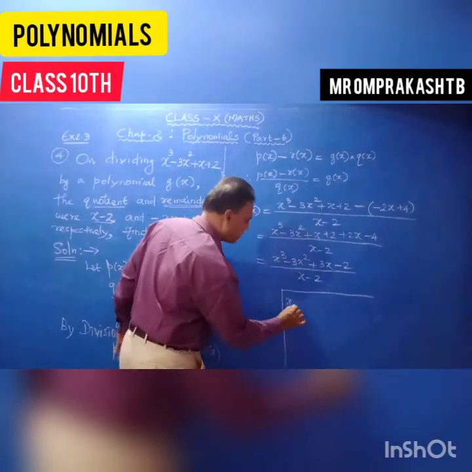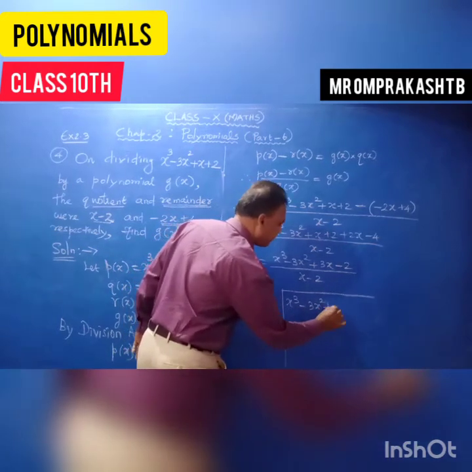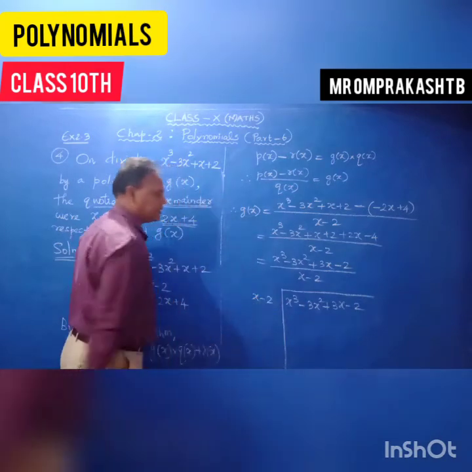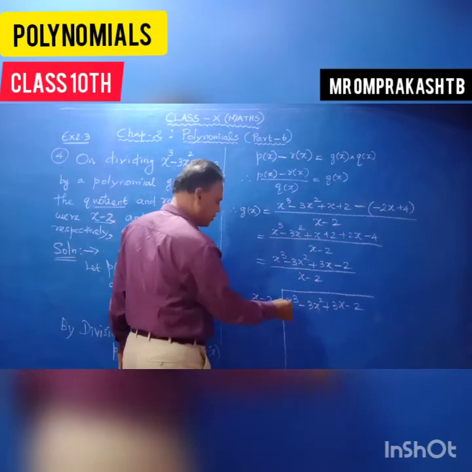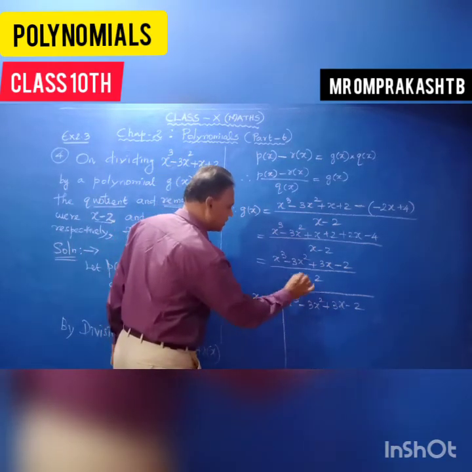Write the numerator x cube, minus 3x squared, plus 3x minus 2 inside, and x minus 2 outside. Clear? Now divide the first term by this term: x cube by x is x squared.